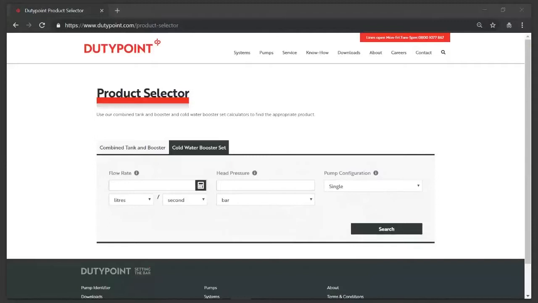And what we did is we sought to replicate the way an experienced specifier would select the right booster set for a particular application if they had basically unlimited time.